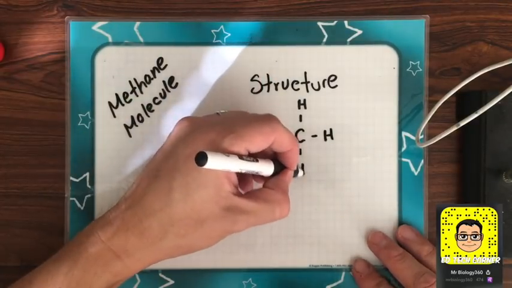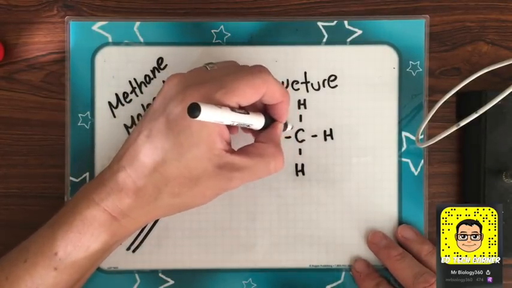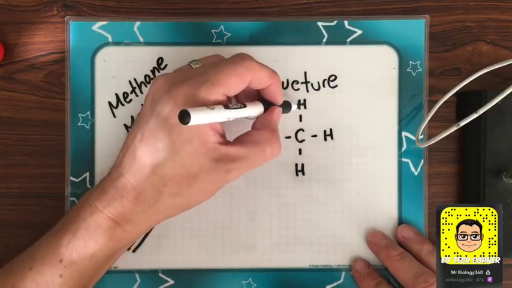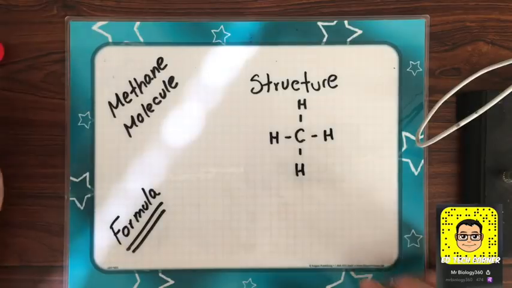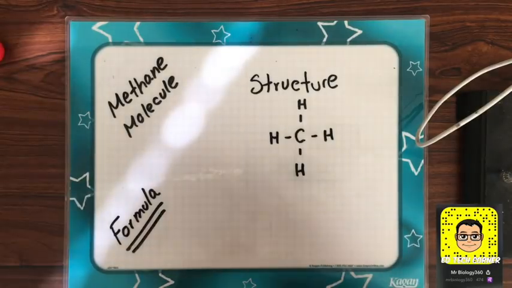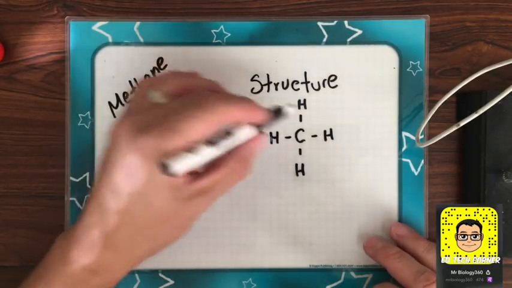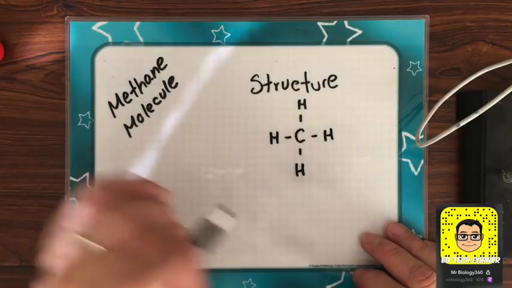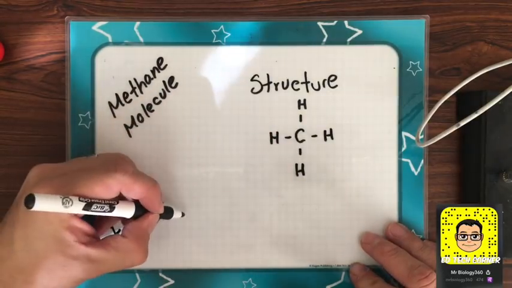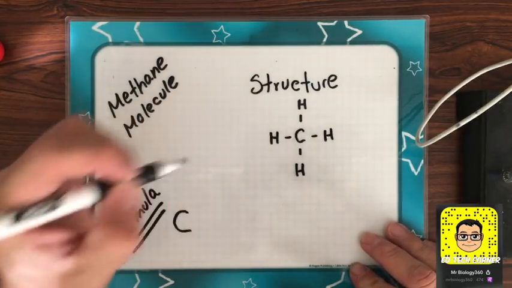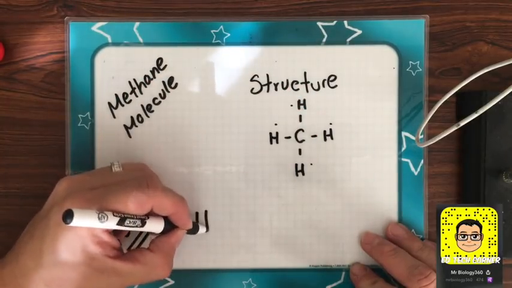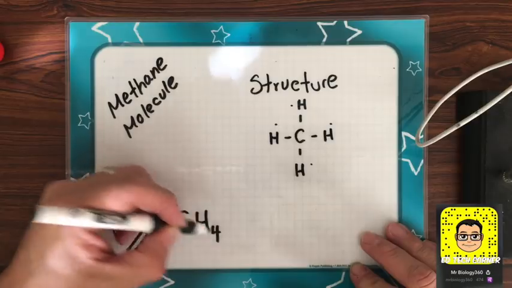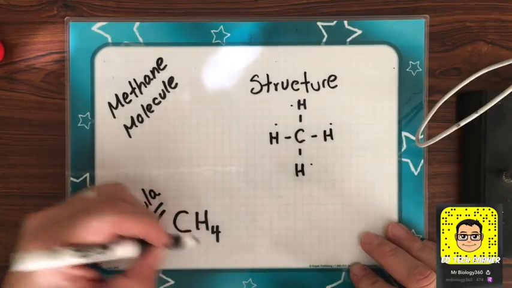Notice carbon is bonded to 4 things because it's missing 4 electrons, and hydrogen is bonded to only 1 thing because it's only missing 1 electron. What is the formula for this molecule? Well, there's 1 carbon, and there's 1, 2, 3, 4 hydrogens, so that's why we put the 4 subscript on the bottom.